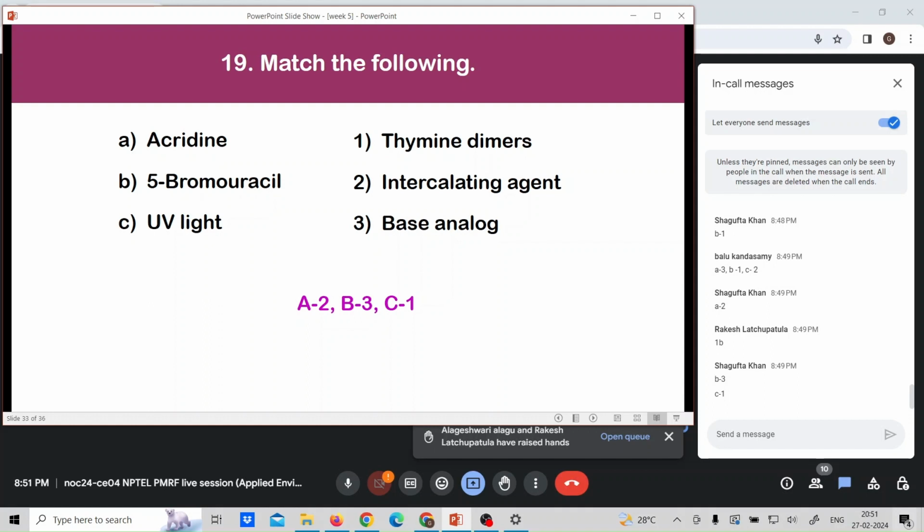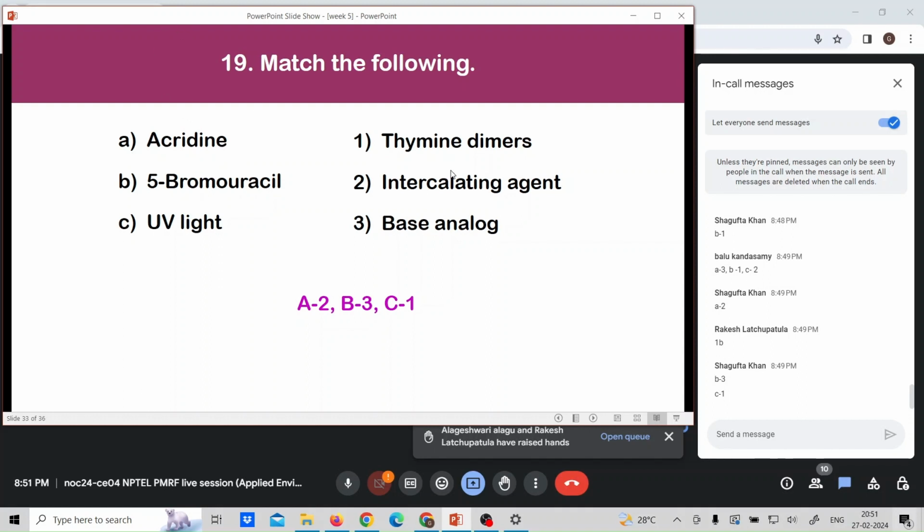Okay, and the third one is UV light. When DNA is exposed to UV light, thymine dimers are formed. For example, a thymine-thymine bond is formed. This is called a thymine dimer, which generally doesn't occur in DNA. So acridine is an intercalating agent.